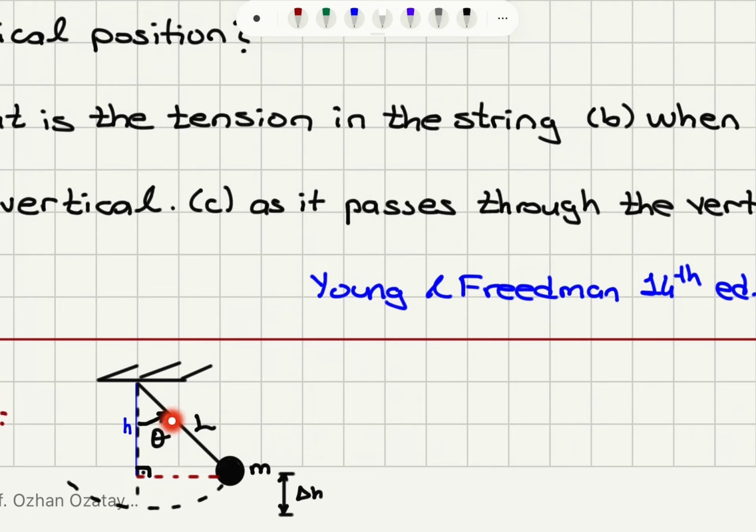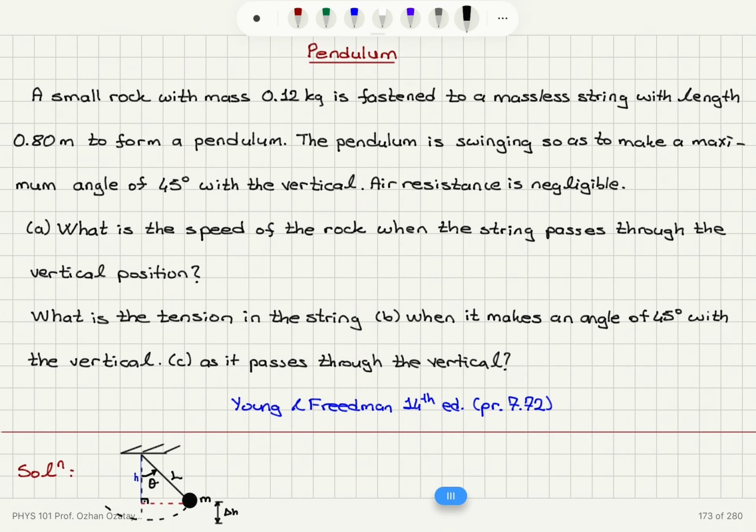If this string makes an angle theta with respect to the vertical, you can see that the mass M has traveled a distance delta H upwards, and the distance between the contact point at the ceiling and the horizontal level will be H. From this geometry, it's mentioned in the problem that the maximum value of theta is 45 degrees, and the length L of the string is 0.80 meters.